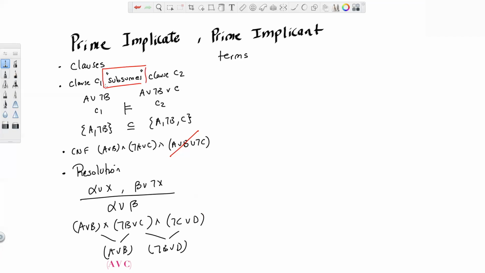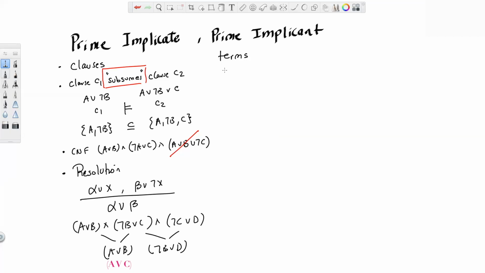And now I'm gonna draw the corresponding picture for terms, which is probably not as familiar because we worked quite a bit with CNFs, and terms come up in the context of DNFs. In a sense, for our purpose, particularly when we get to explanations later, prime implicants will play a major role. So this is something we need to further our intuition about.